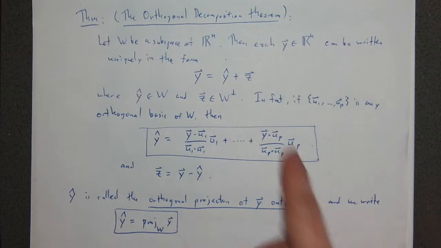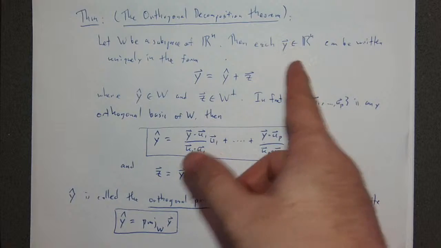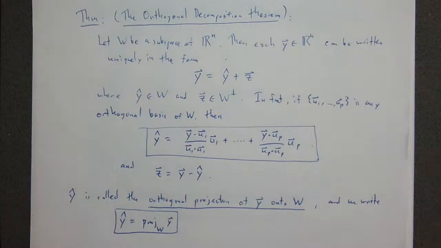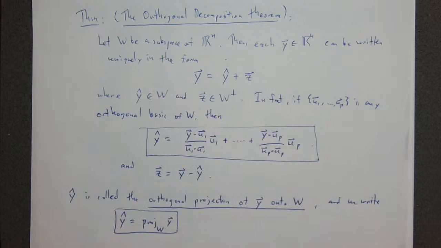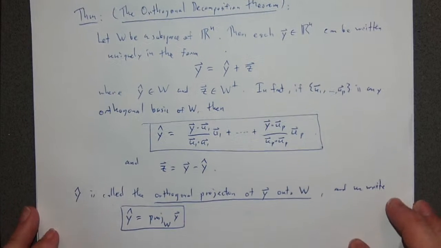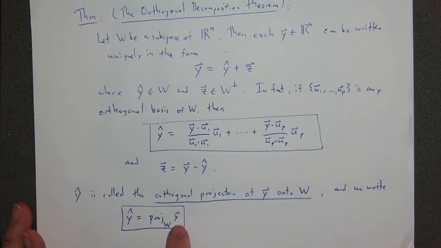The idea, of course, is doing this in the case that y is not in W. But you can think for a second about what you would do in the case that y was actually already in W. What is y hat in that case? Maybe I'll leave that open to your own investigations; you'll quickly figure out what goes on here. Anyway, in this notation, y hat was called the orthogonal projection of y onto the subspace W.